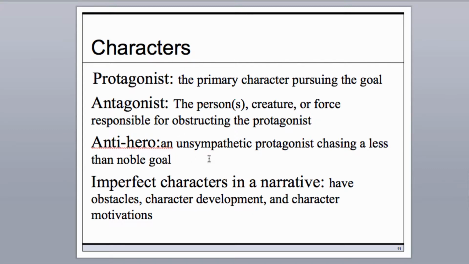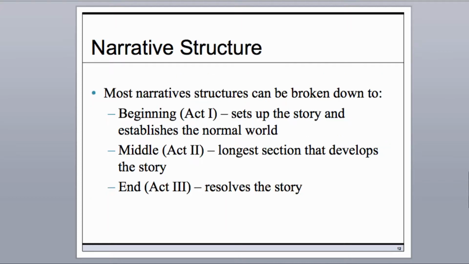An anti-hero is an unsympathetic protagonist chasing a less than noble goal. In other words, someone who's doing something that we would not consider appropriate. Imperfect characters in a narrative have obstacles. They need character development, and they need motivations to round them out and make them a specific type of character.